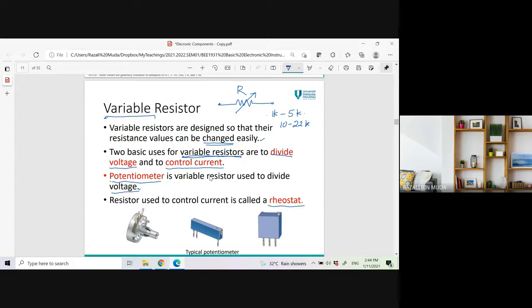Variable resistor used to control current is called rheostat. So dividing voltage is called potentiometer, controlling current is called rheostat. You can Google the details.